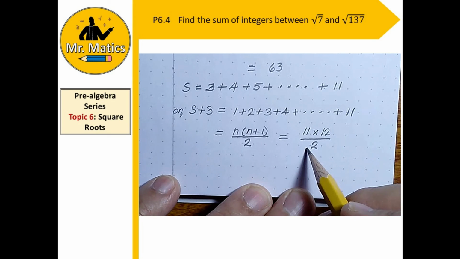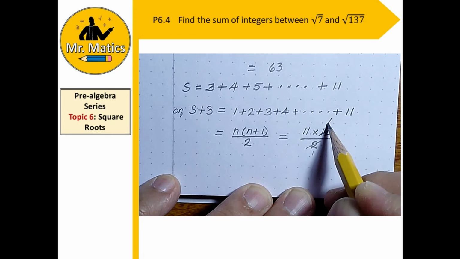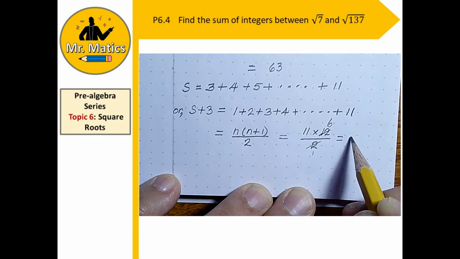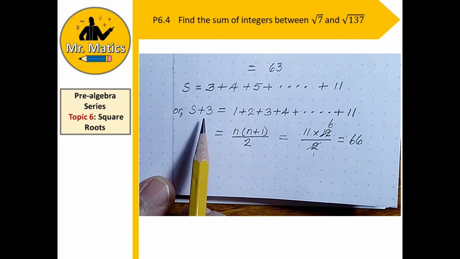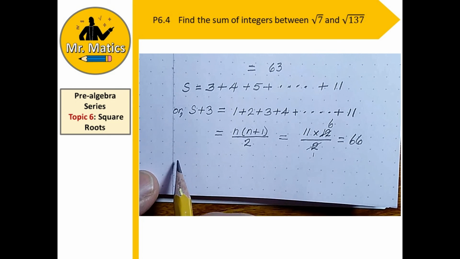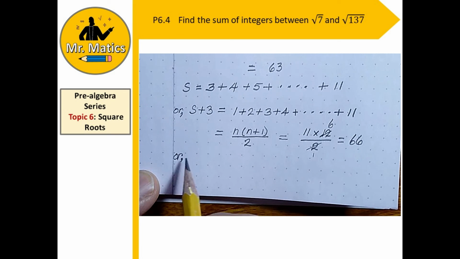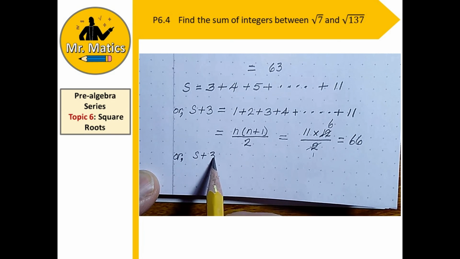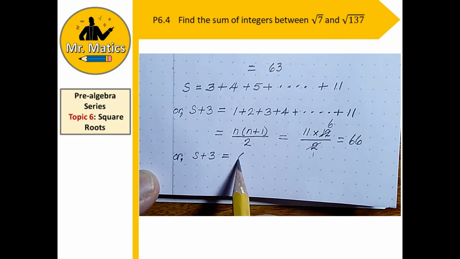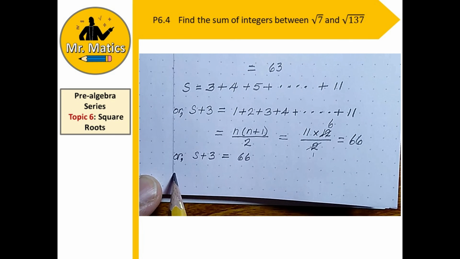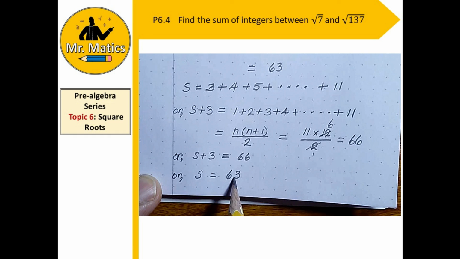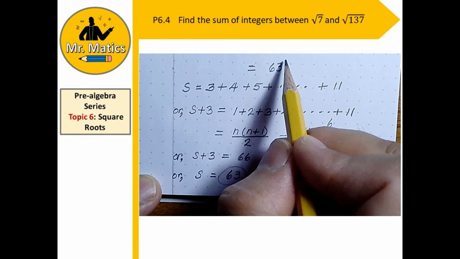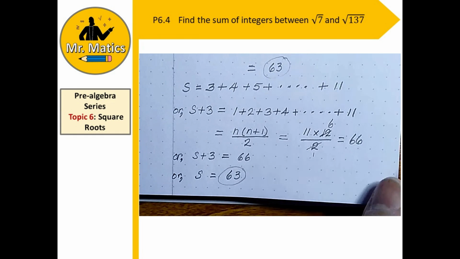And this means if I cancel the factor 2, I get 66. And remember, S plus 3 has now become 66. So let's rewrite that. Or S equals 63. And that is your answer, the same answer that you found by pairing up and adding.